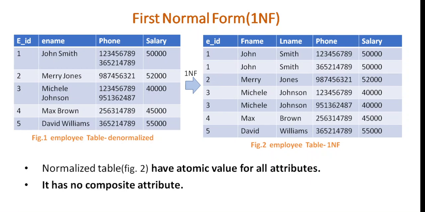We have seen the first option, that a composite attribute can be divided into sub-attributes, then we store values for it, and for a multi-valued attribute we can create separate rows. So this is the first way using which we can convert a denormalized relation into first normal form.